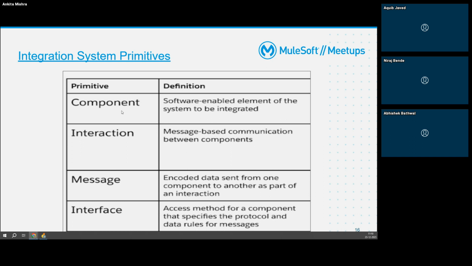For example, let's say I know Hindi and I want to talk to a person who knows Kannada. When I interact with that person, I need to understand certain rules and protocols that they follow while talking or understanding something in Kannada. So that is called interface. Okay. Any questions? We are good?